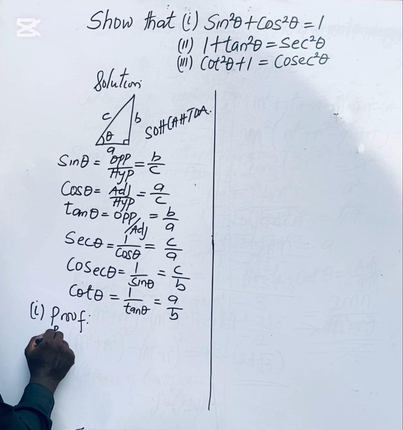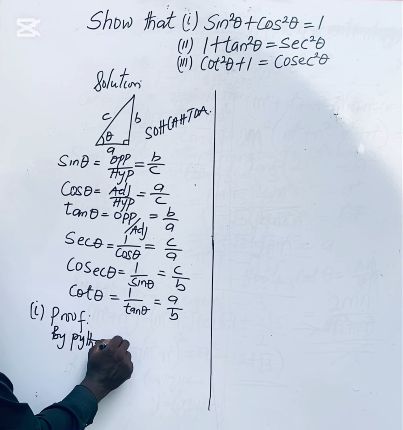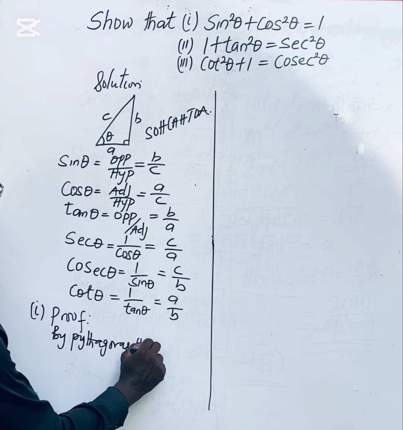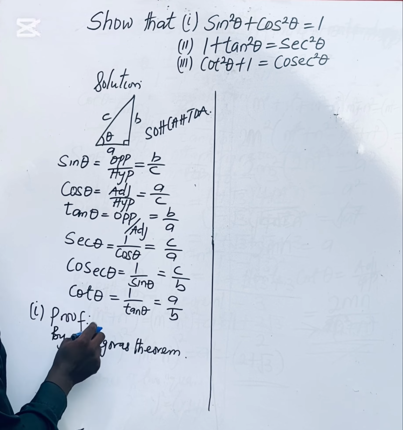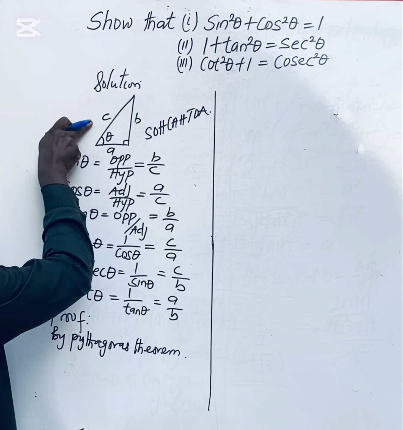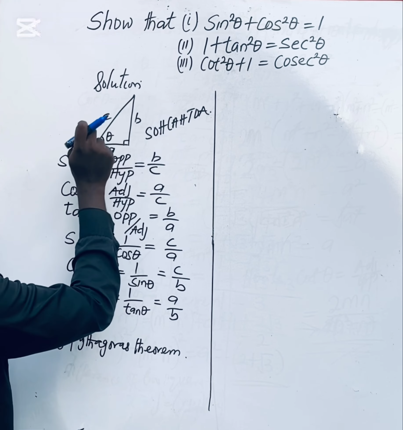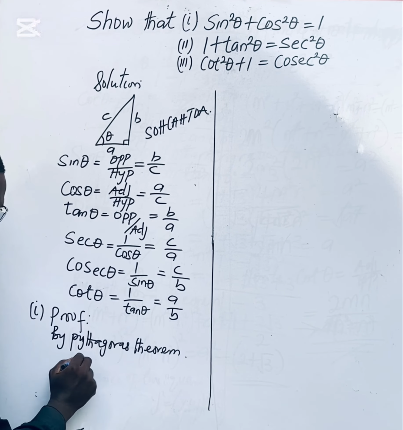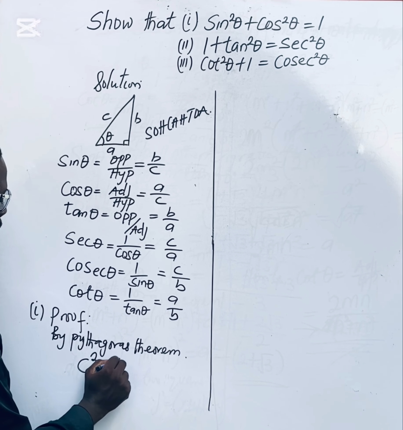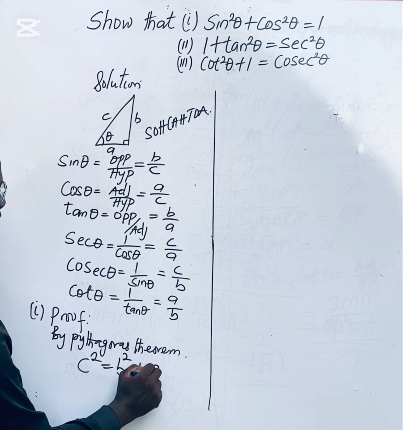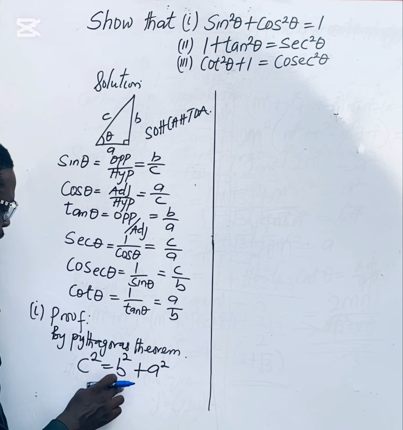So you write, by Pythagoras theorem, so we want to apply Pythagoras theorem to this, which states that the square of the hypotenuse is equal to the square of B plus the square of A. So you have hypotenuse square equals opposite square plus adjacent square. So this is from Pythagoras theorem.